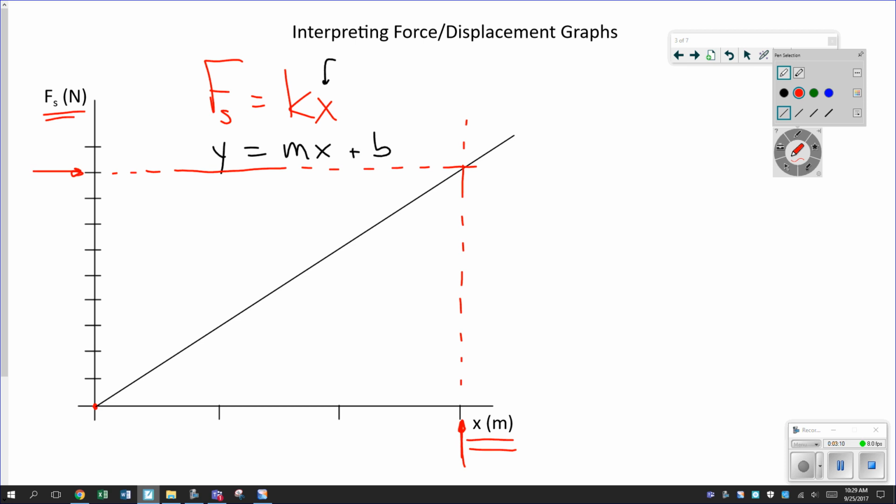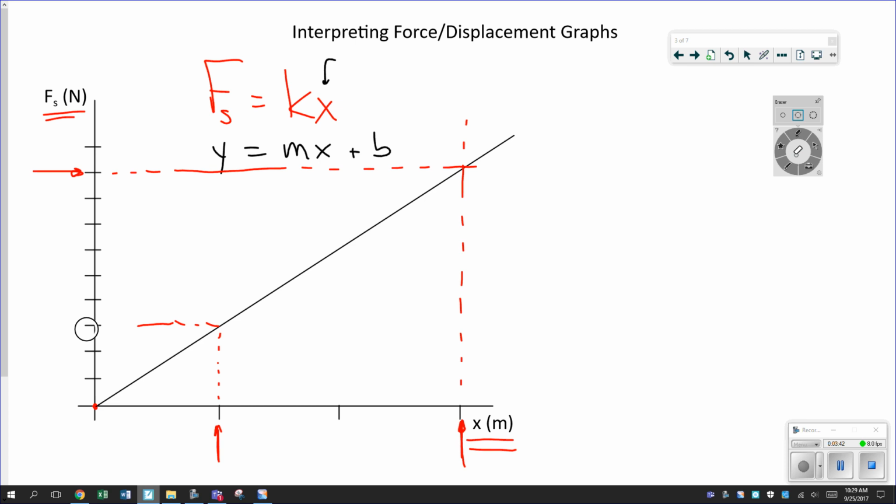And if you take 1/3 of that amount of displacement, the spring responds by applying 1/3 as much force. That's the nature of the linear relationship. By whatever factor one quantity changes, the other changes by the same factor. So we cut x in 1/3, we cut the force in 1/3. If we stretch this thing 10 times as much, then the spring applies 10 times as much force.